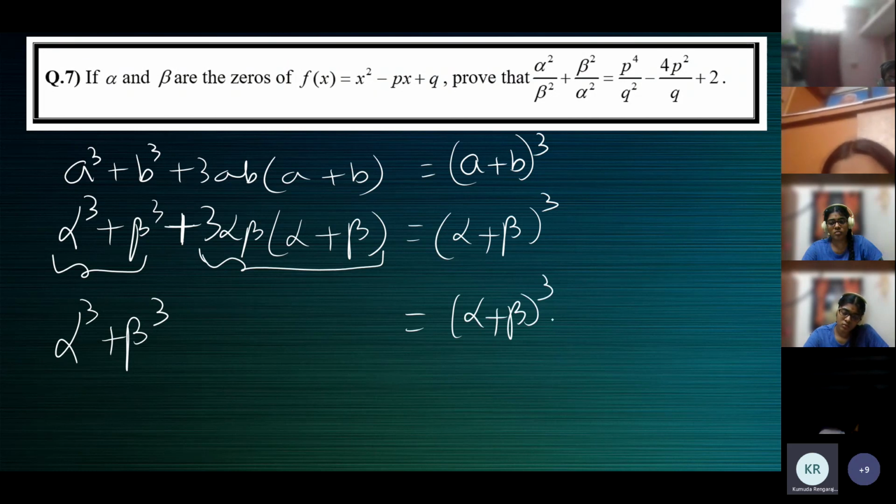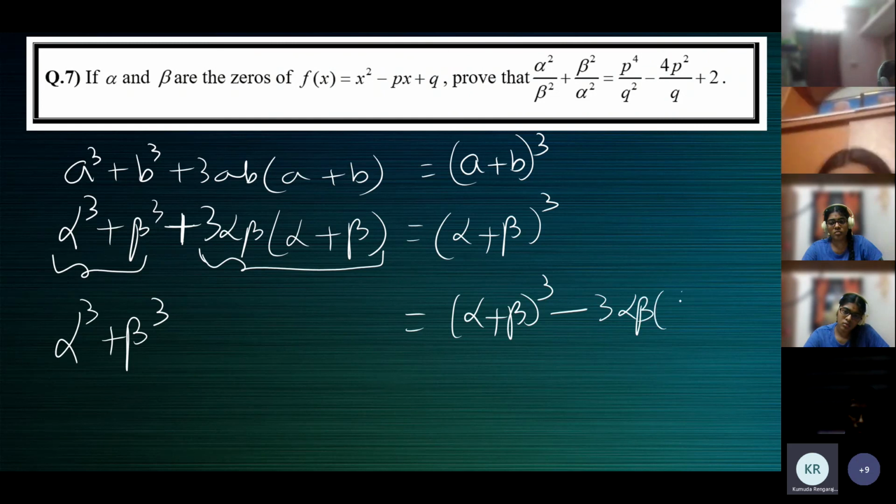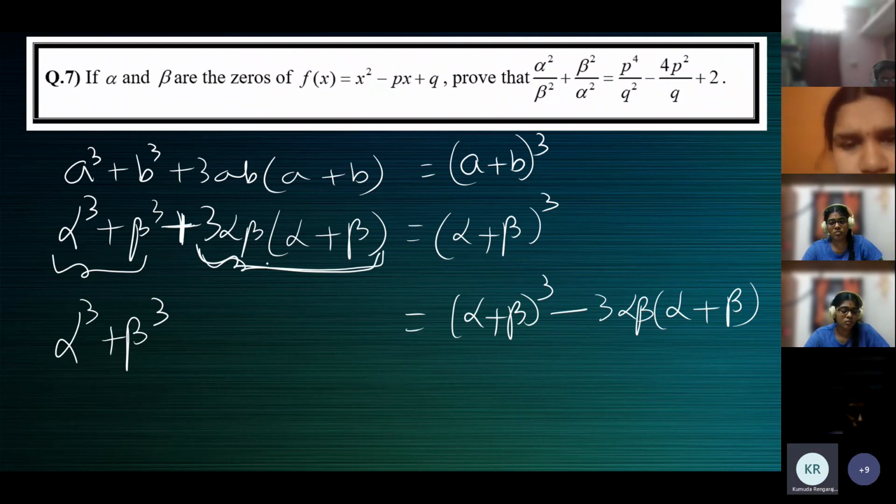This one on the other side becomes minus 3 alpha beta into alpha plus beta. That sign will not change. This is one term. Plus is a sign preceding it. That will become minus 3 alpha beta into alpha plus beta as it is. So this is what alpha cube plus beta cube is: alpha plus beta the whole cube minus 3 alpha beta into alpha plus beta.